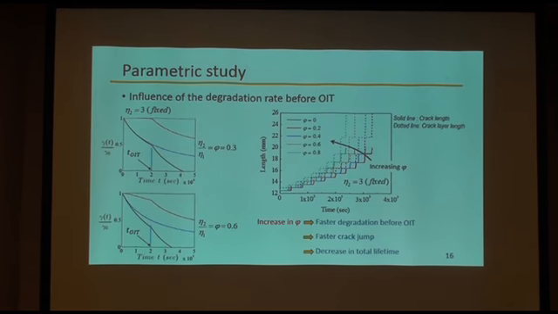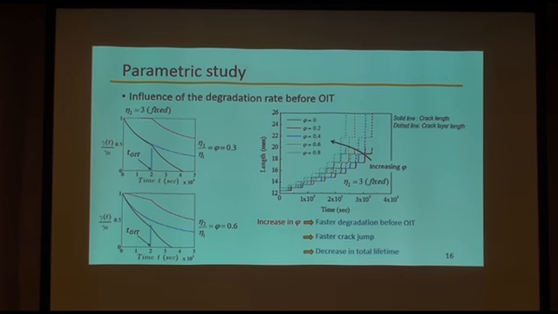Next is the influence of the degradation rate before the OIT. If there is no weak point on the polymer chain, the oxidation rate before OIT can be negligible. So it can be modeled by a low value of the normalized value phi.